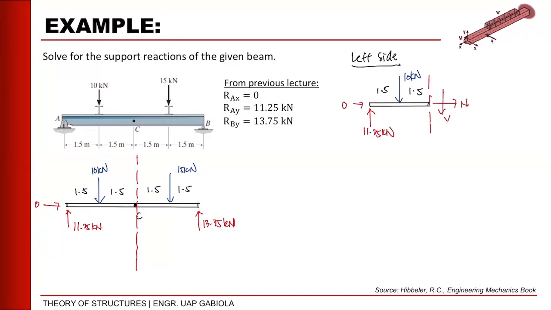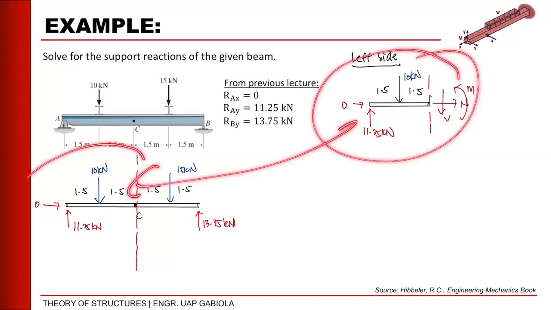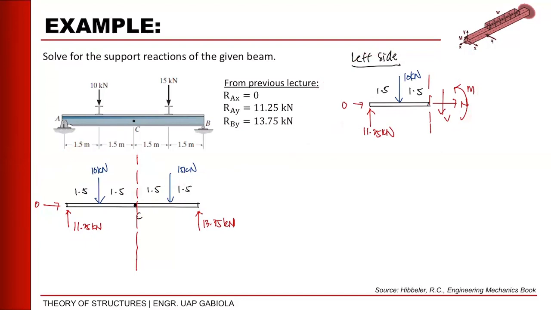And then yung moment natin, dapat tendency niya is mag-curve ng ganyan yung beam natin. Okay? So, let's draw yung ating moment. Yan, so yan na yung mismong structure natin. So as you can see, dire-draw lang natin itong side na to. Okay? Now we can now perform yung ating solution.